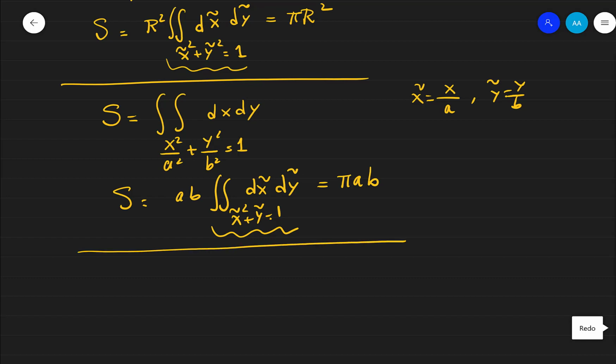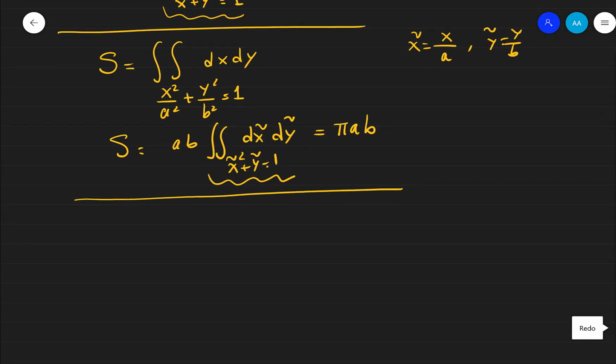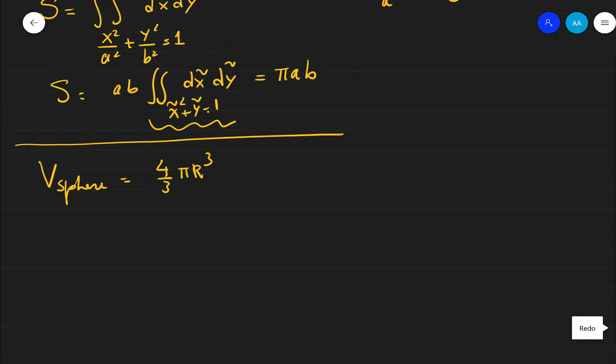In the same way, we can obtain the volume of an ellipsoid using the volume of a sphere. The volume of a sphere is 4/3 pi r to the power 3, and the volume of an ellipsoid can be obtained using a similar argument as for the surface.